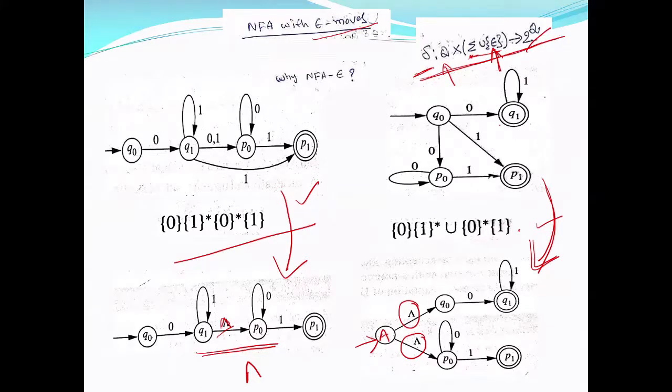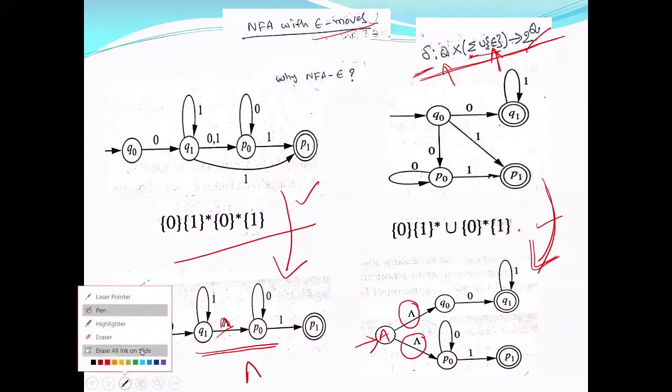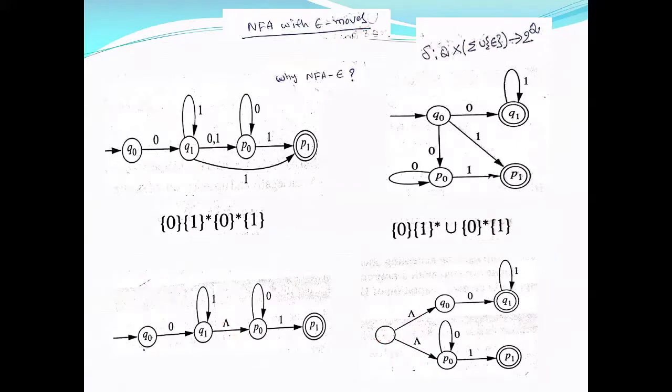Then how do we make the transitions? For example, suppose I give, let me erase all this, let me say 0, 1, 0 is given for this. I start from Q0. Then Q0 on 0 goes to Q1 and it goes to P0.